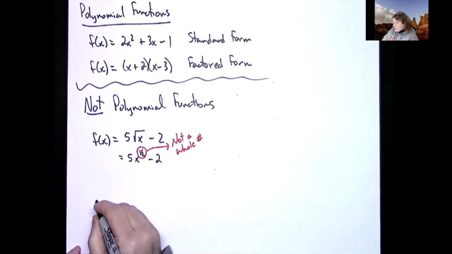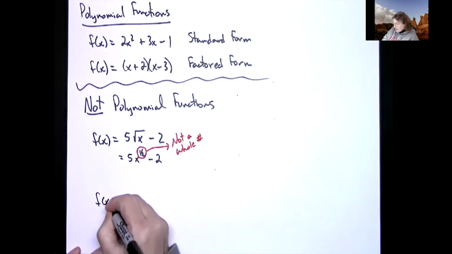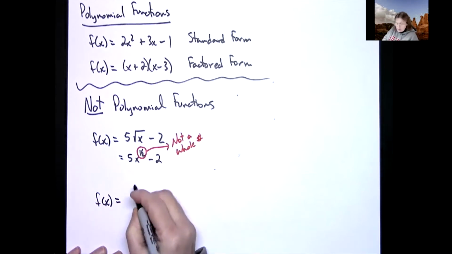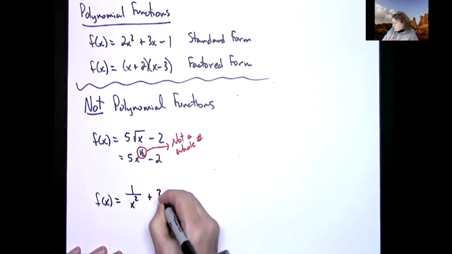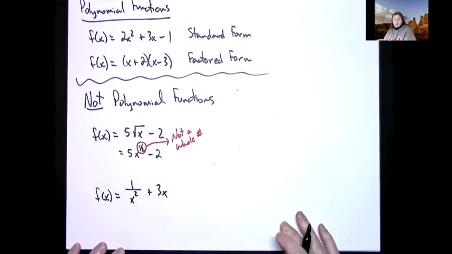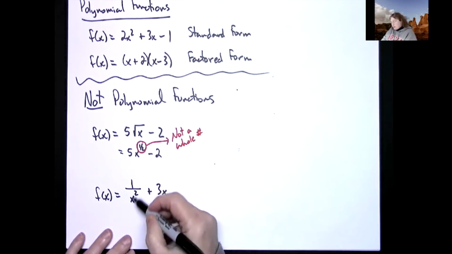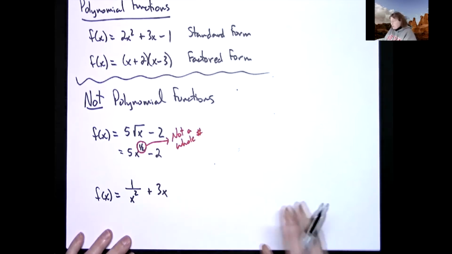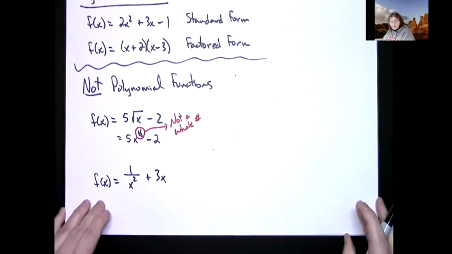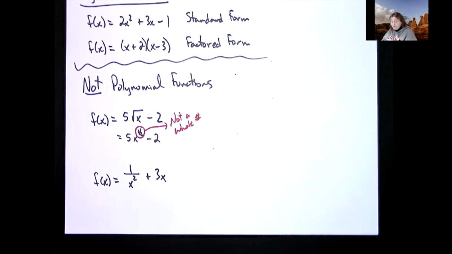Another example would be if I did something like 1 over x squared plus 3x. Rational right here, but stop and think about your laws of exponents. This course is going to expect you to be able to pull from previous knowledge.